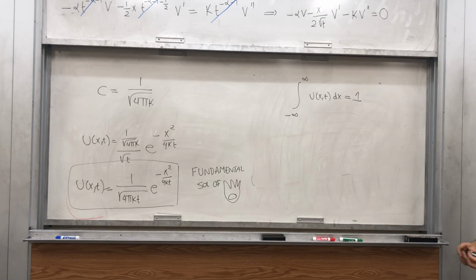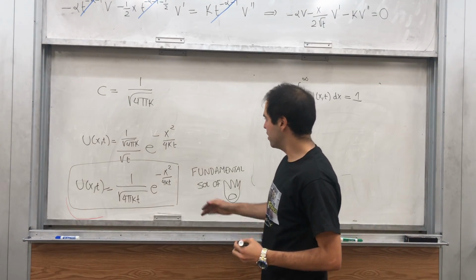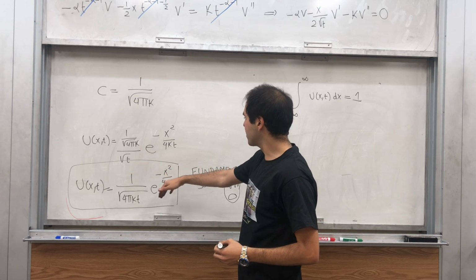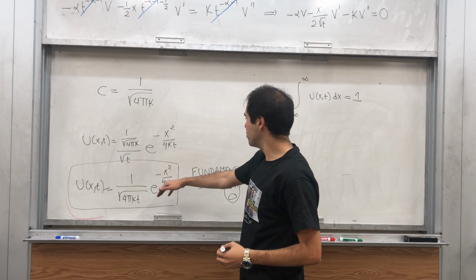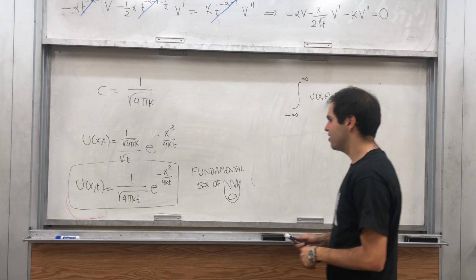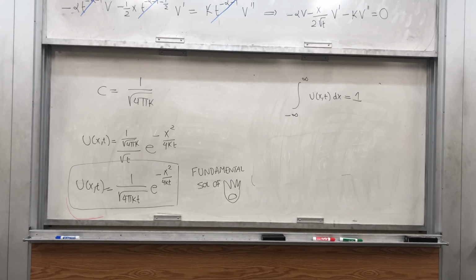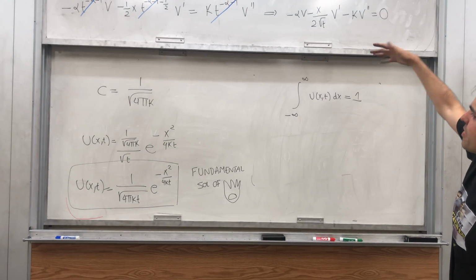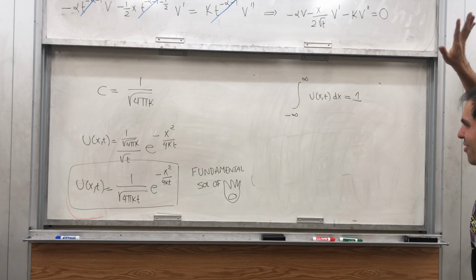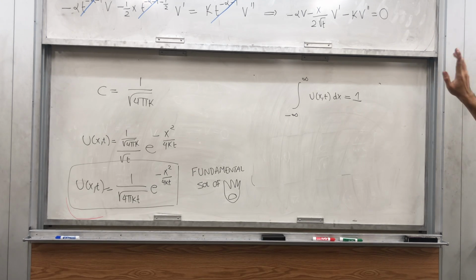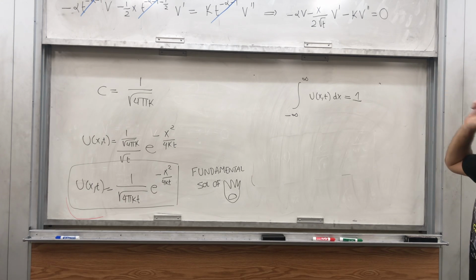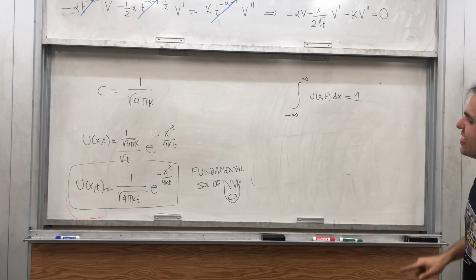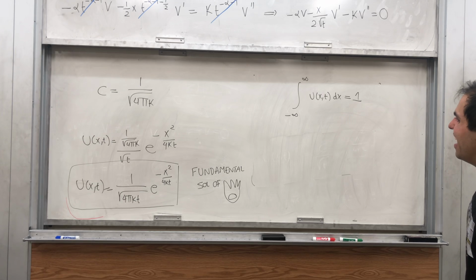Because you can just do a change of variables, like p equals x over square root of 4kt.